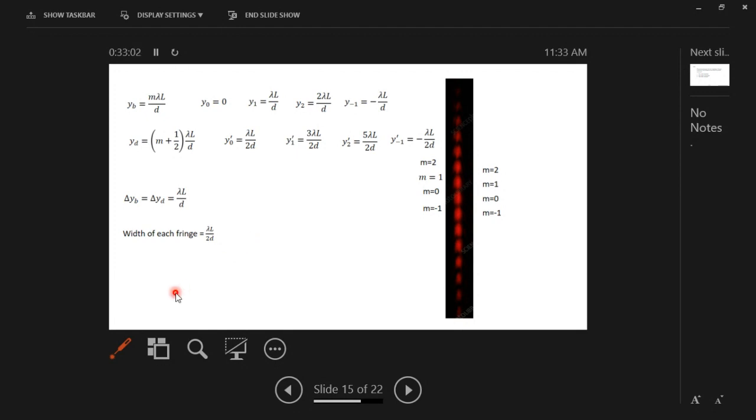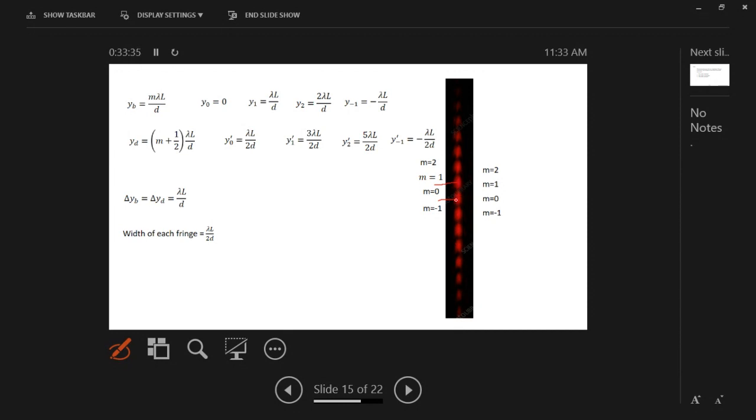Now, again, let me try to explain it here. Maybe it's a little bit hard to see, but maybe I can use a pen. So this distance that I have here, lambda L divided by D, is the distance from the center of this fringe to the center of this fringe. Now, from here to here, how many widths do I have, assuming that all the widths are the same?